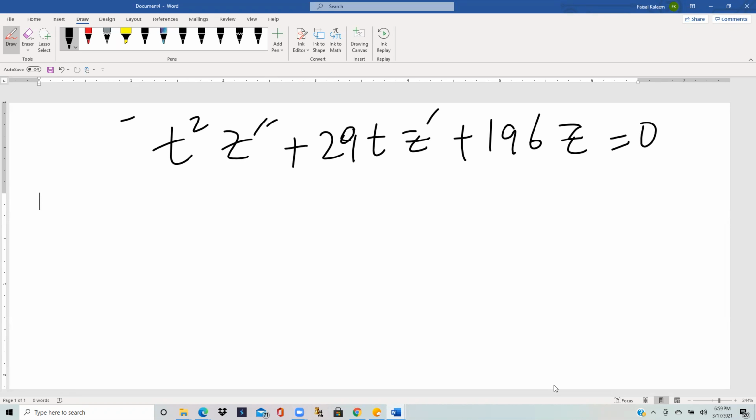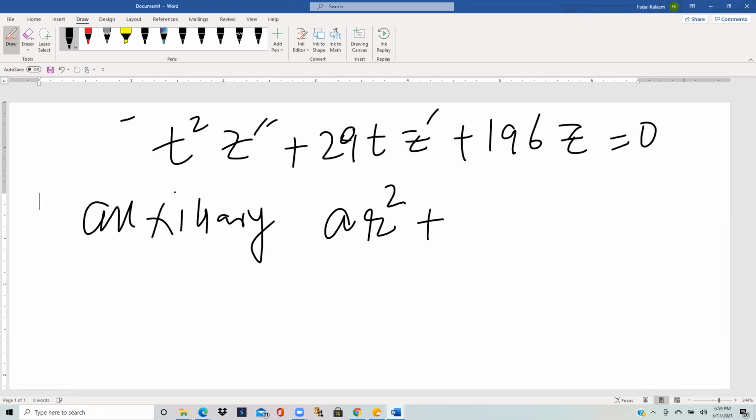So we know that the auxiliary equation is aR² + (b − a)R + c.